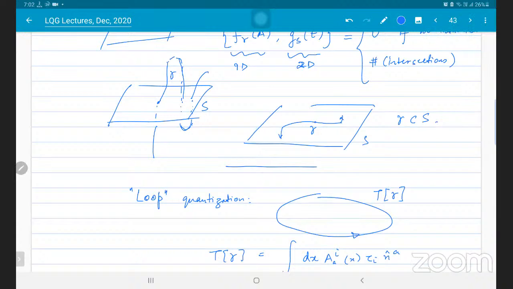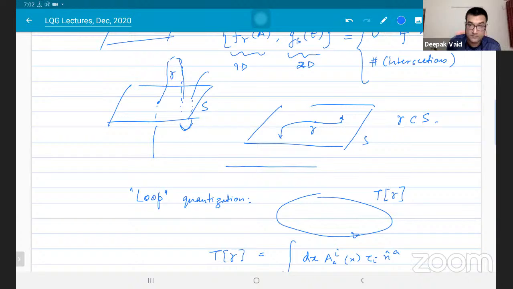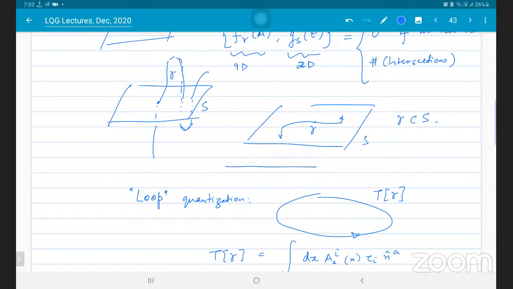So, for example, when you consider a limit of gamma really parallel to S, but not exactly parallel to S, then the Poisson bracket doesn't vanish.